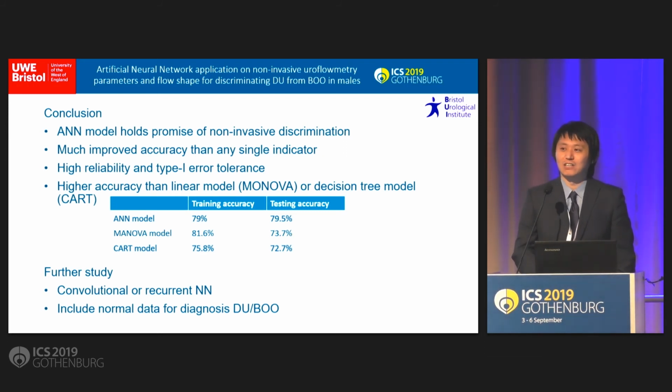Andrew provides the data. So it was diagnosed by a physician, and post-surgery patients were excluded. So the definition is exactly the same as in the paper in European Urology on the signs and symptoms differentiating obstruction and underactivity.